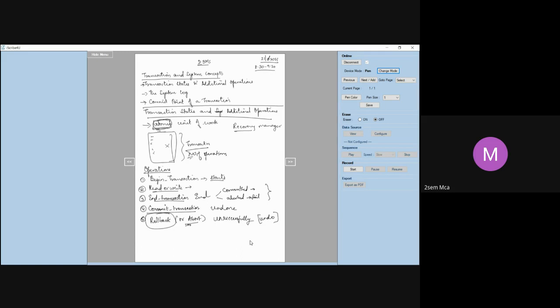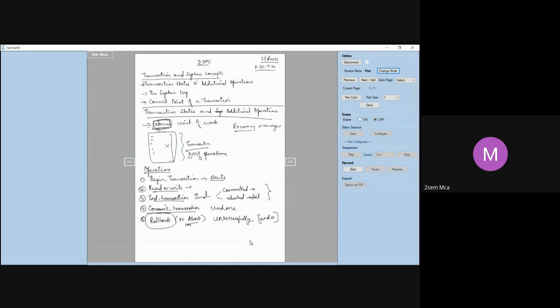Now, why are we learning this here? It is for the purpose of recovery. Recovery means some failure has occurred, so the system has to bring the DBMS back into its initial position. That means you have to undo some of the operations. That is what is called recovery. You have to recover the system from the failure.